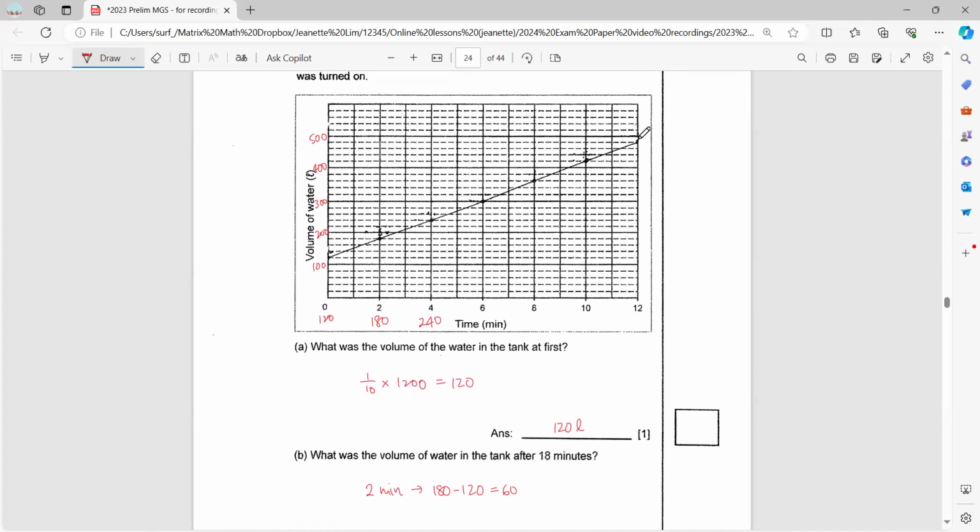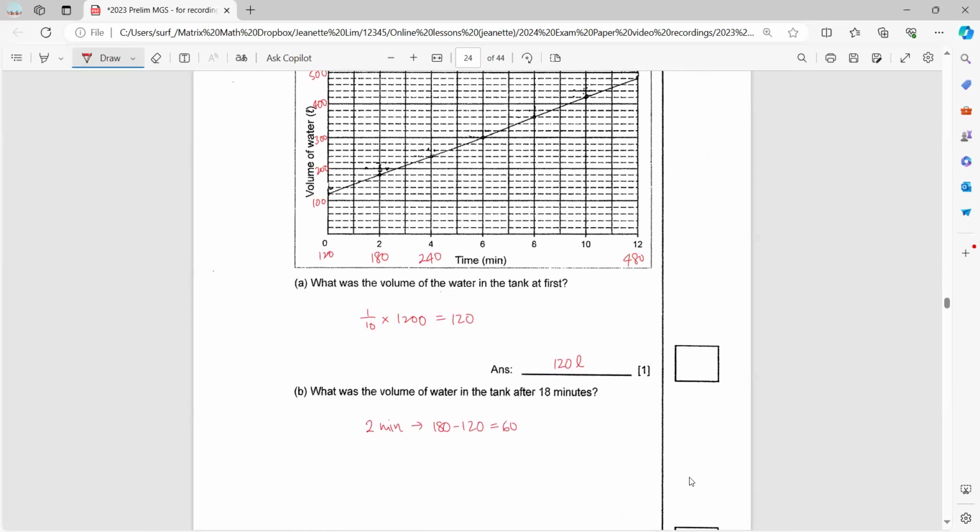Now the very last one at the 12 minutes mark is 480. We are going to find 6 more minutes beyond this 12, because we want 18 minutes. So 18 minus 12 is how we get the 6 minutes. In 6 minutes, how much more is added?